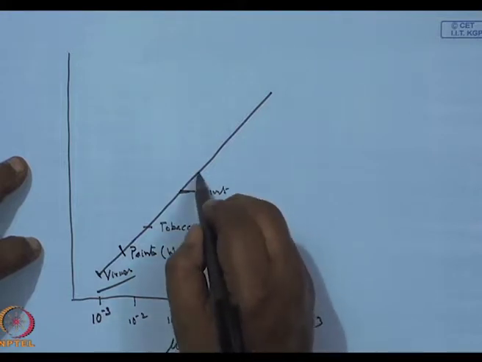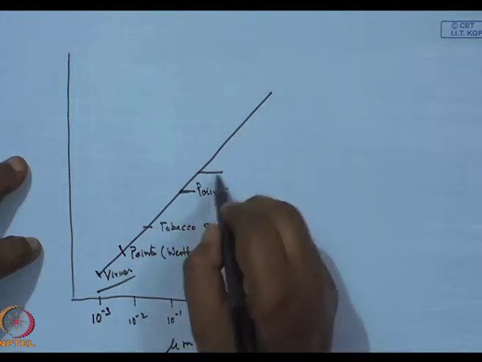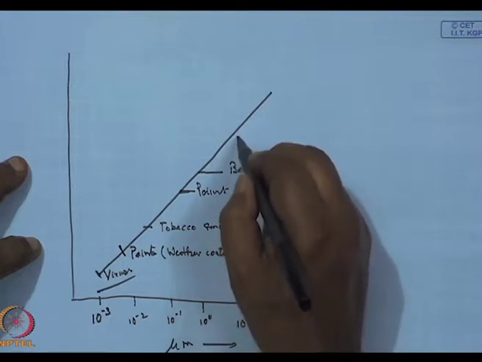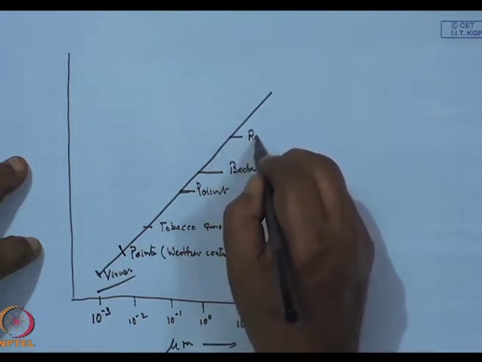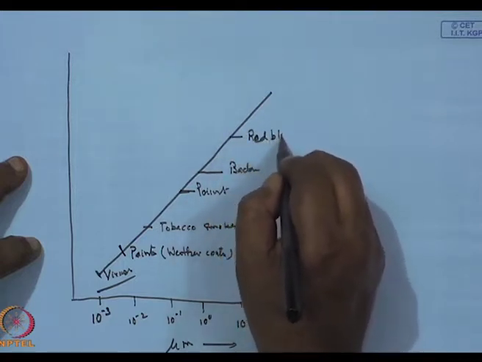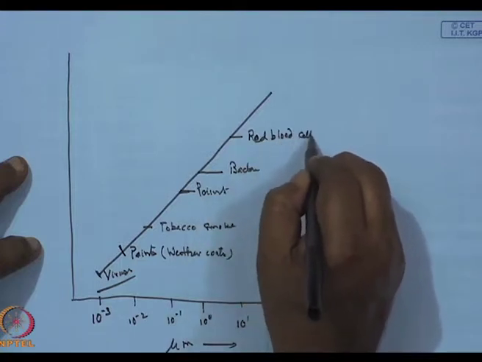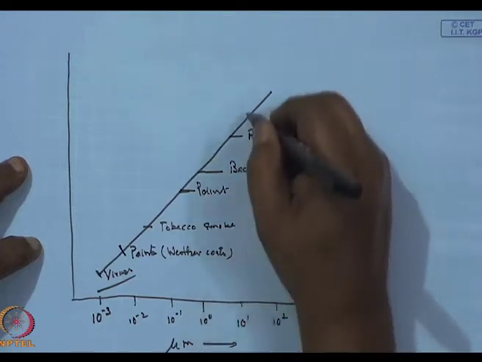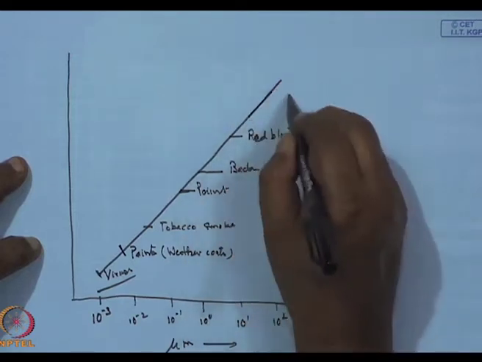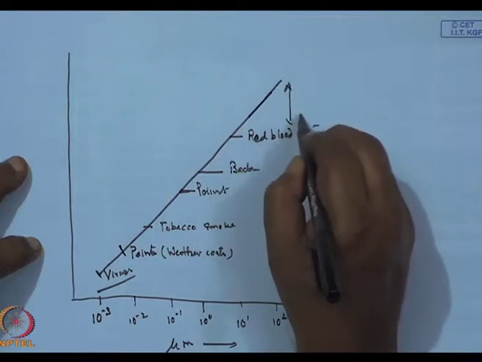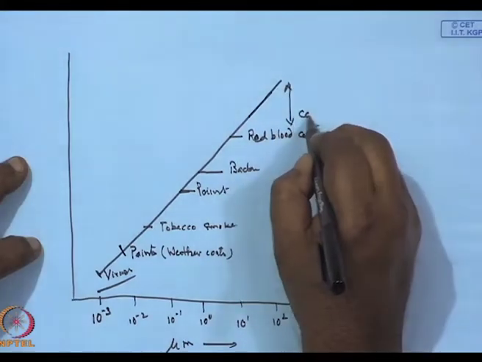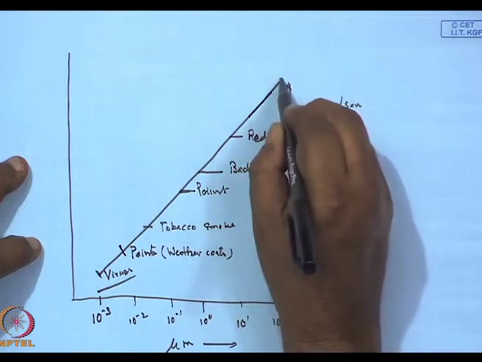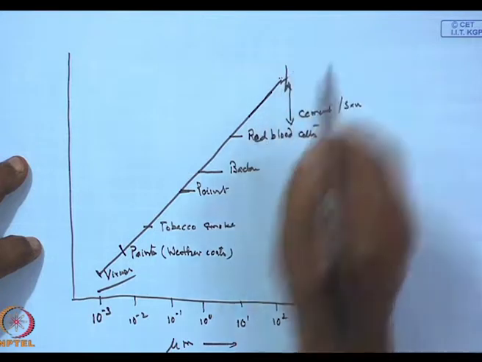The bacteria are somewhere on this scale. The red blood cells are somewhere over here, and in this zone we find cement, sand, right up to a millimeter or so.